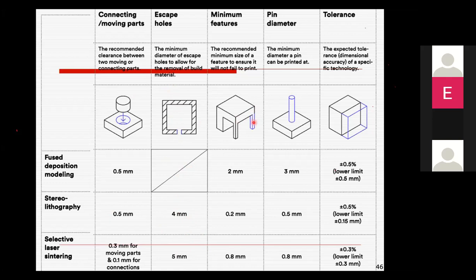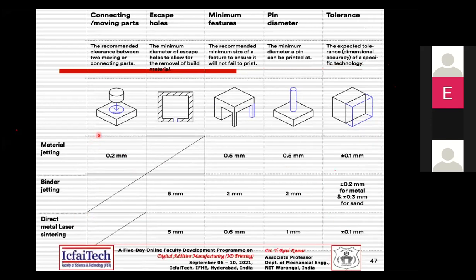And you have a certain minimum feature size that has to be filled, and the pin diameter or the tolerances; you have altogether different tolerances from the different processes. We can find these values for the other processes also, and for the same features you can get altogether different values.